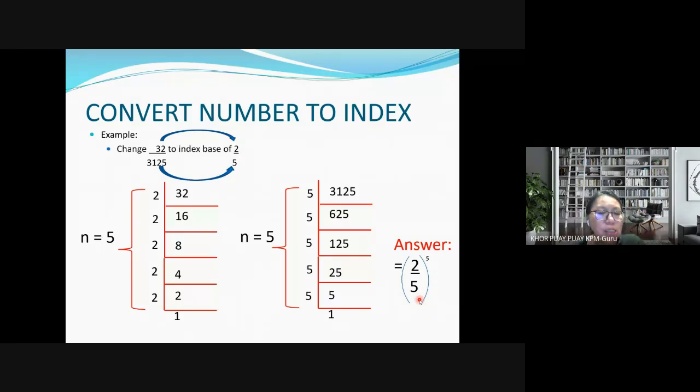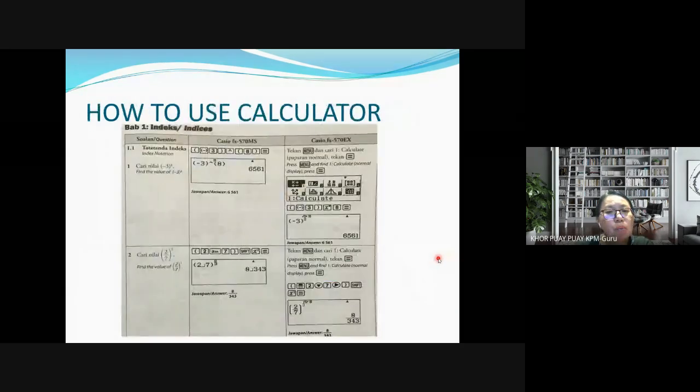So when you put a bracket, it means the whole thing inside the bracket must be to the power of 5. Okay, so this is how you convert a fraction to another base that is also a fraction, to the power of an index.